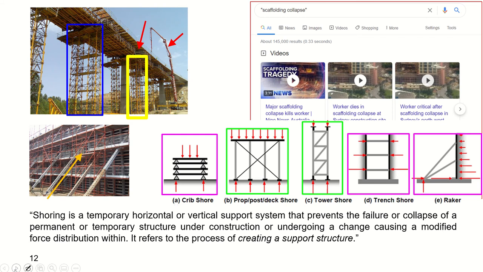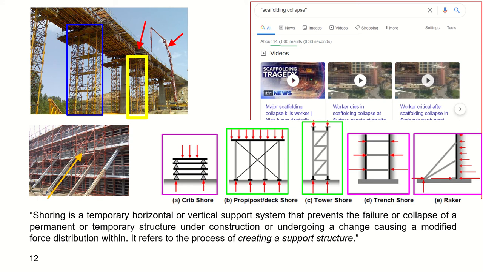If you search the words scaffolding collapse, you will get a lot of results, and this shows that this is still a big problem, and there are so many different incidents only for scaffolding. If you search other kinds of temporary structures, you will similarly find lots of incidents that occurred recently.